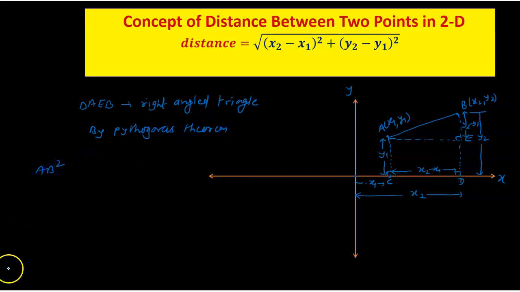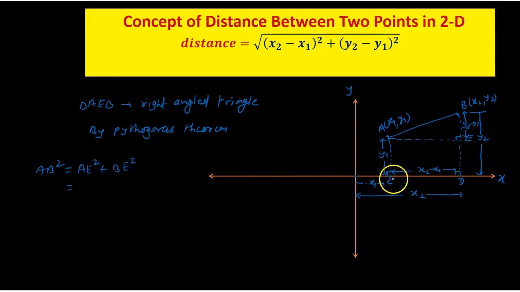AB square is equal to AE square plus BE square. Now put the values of AE and BE.